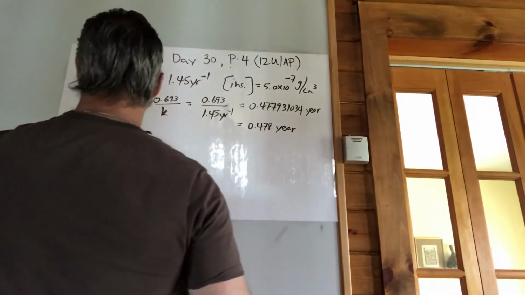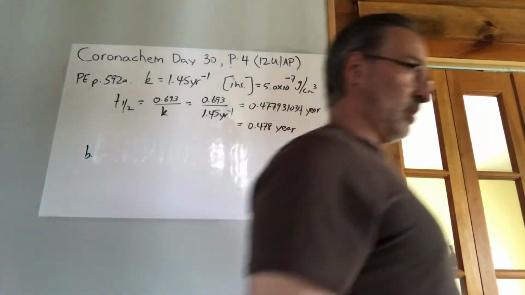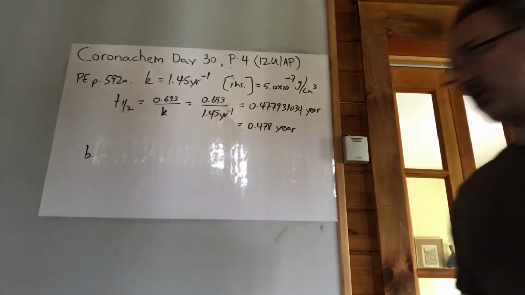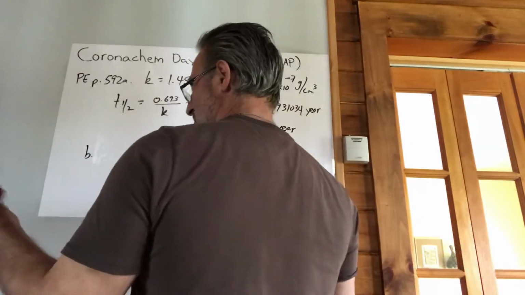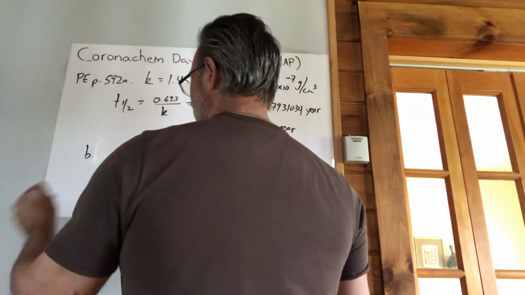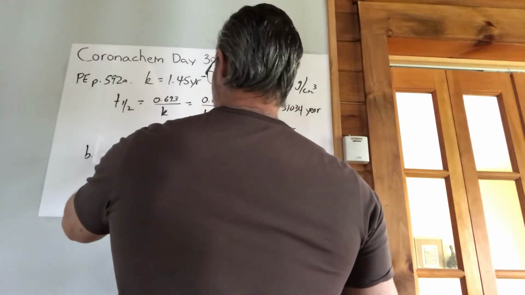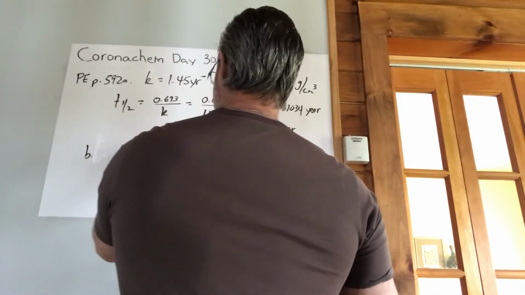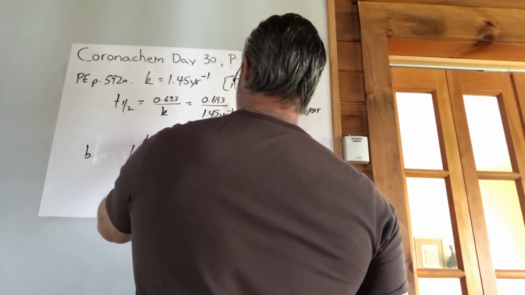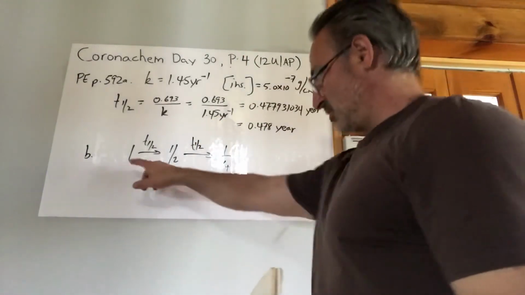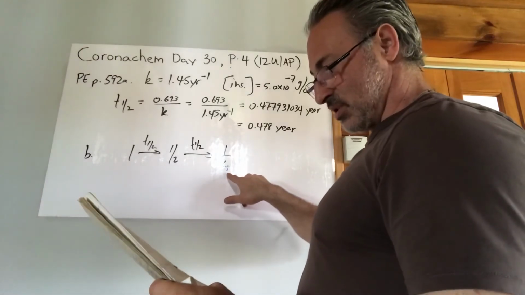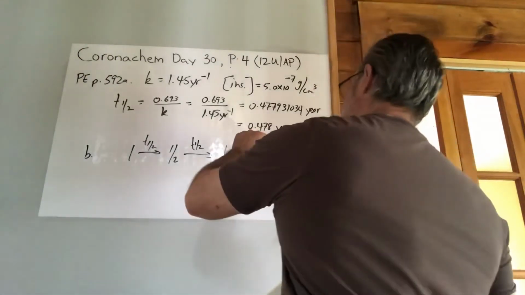Another way of answering the question, because they say a quarter. Well, how long does it take to get to a quarter? After one half-life, if you start out with 100% of the stuff, to get to 1/2, it's one half-life. To get to 1/4, it's a second half-life. So 2 half-lives in, you're at 1/4 of the original concentration.